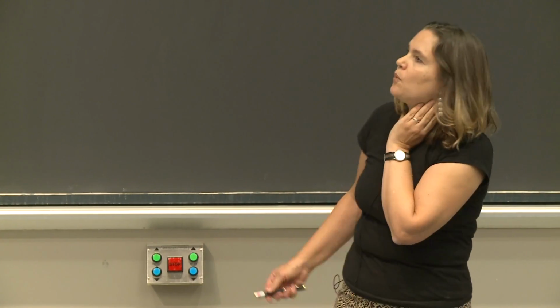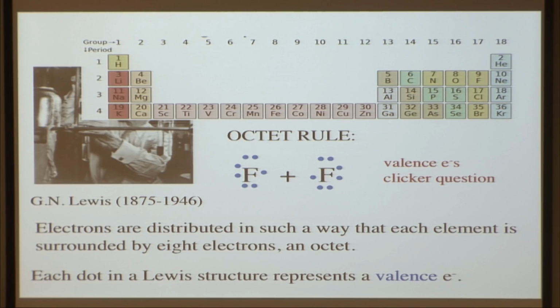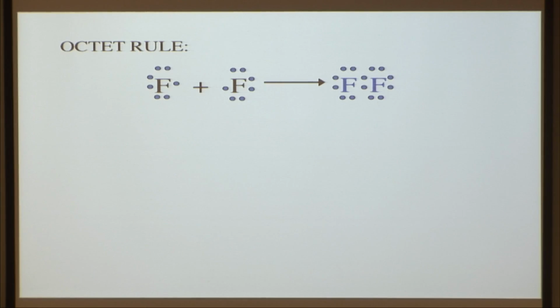All right. So we can put 7 electrons around fluorine, and we'll have 2 fluorines here. They'll both have 7 electrons around them. I'm going to jump to another slide, but I'm going to show you the 7 again in case you haven't written them down. They're not in your handout, but that's probably OK. When you bring them together, you can bring them together in such a way that they can all share.